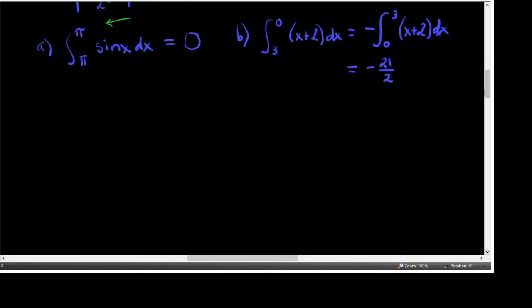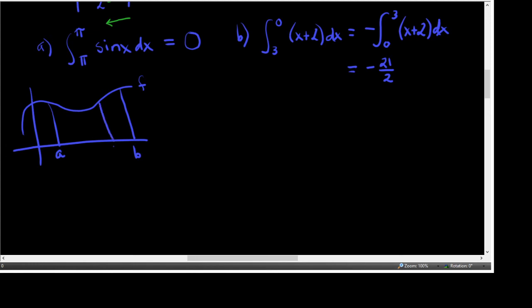Now, the next property I'd like to talk about is this one. If I have a region under f, and I am making it non-negative just to make it easier to think about, and I'm going from a to b, and there's some number between a and b, c, that I'm interested in using.